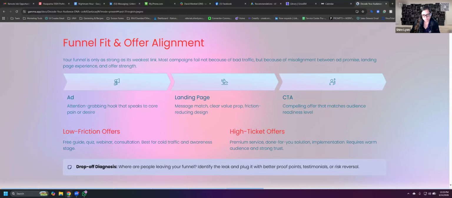Most things really end up fitting into the high ticket offer, which is why you can't marry someone in a day. You have to give them the information they need, warm them up, let them get to know you, and then, at the end, have that compelling offer that says, hey, let's do it now.